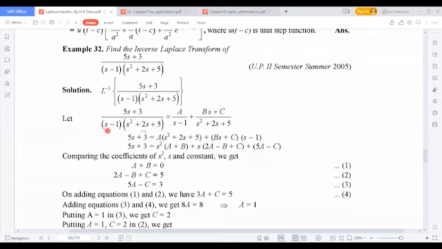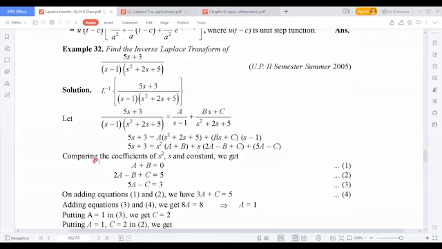So a divided by s minus 1 is one term, and for the s square term we get (bs plus c). Using the same procedure, taking the LCM, the denominators cancel, so the numerator equals a into this plus (bs plus c) into (s minus 1).